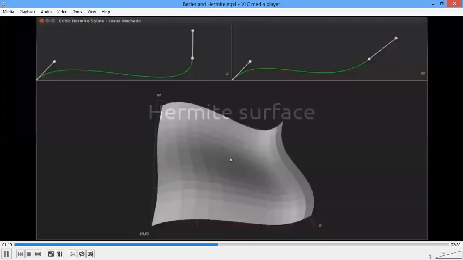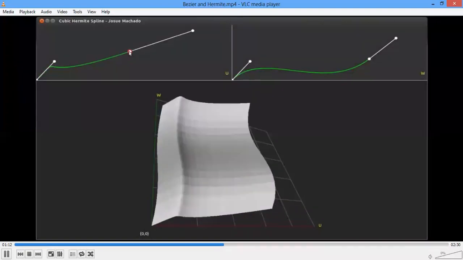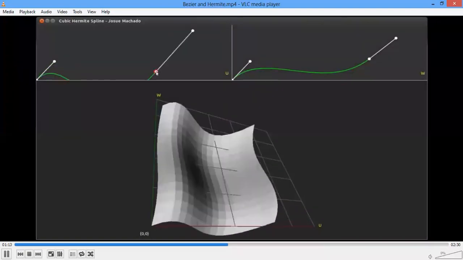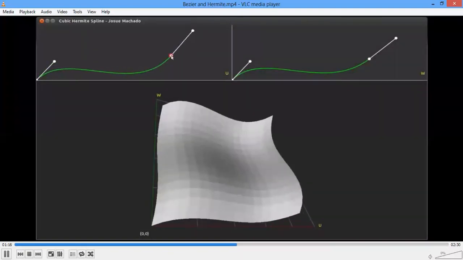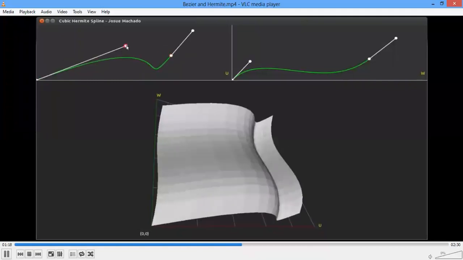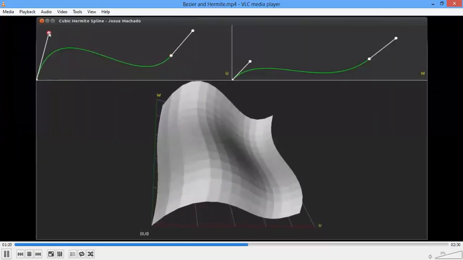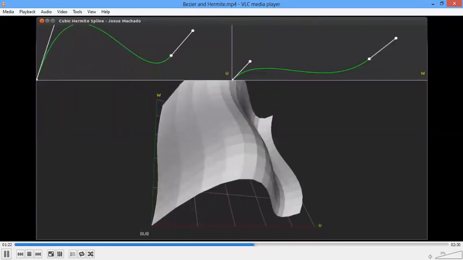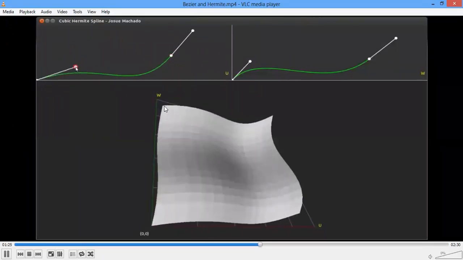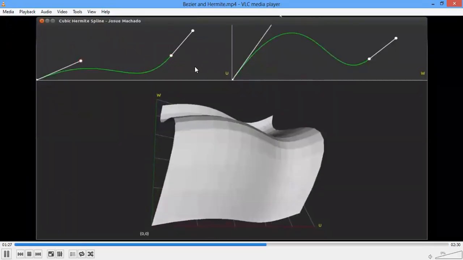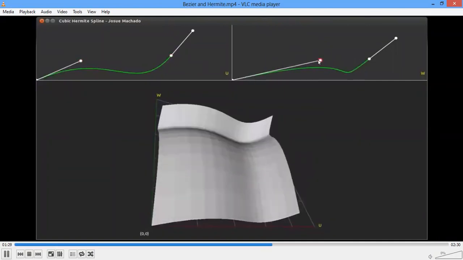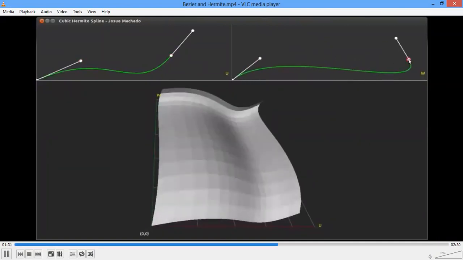Similarly, the same thing is going to be considered for the surface also. For a Hermite surface, we can change the shape in the U direction as well as in the V direction, because the surface will always have two dimensions.